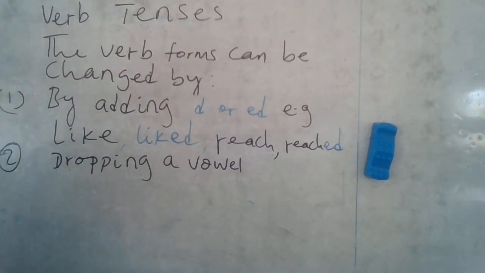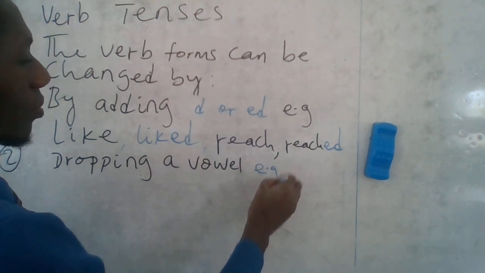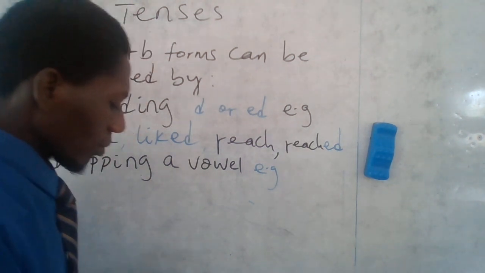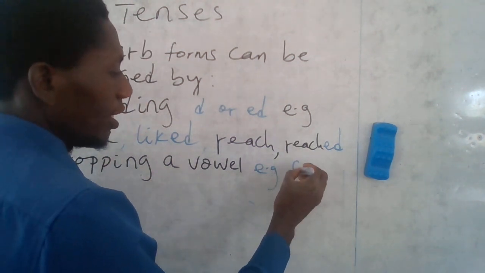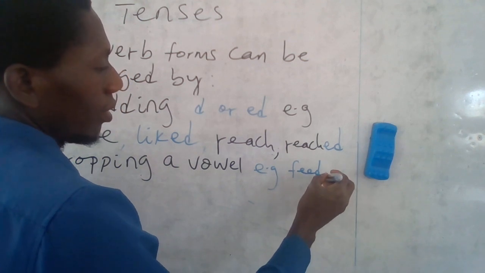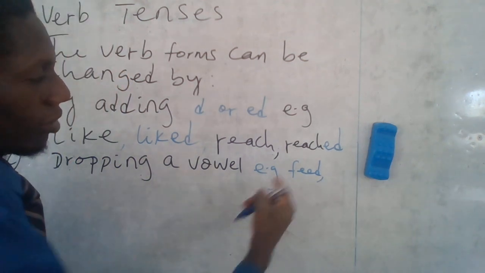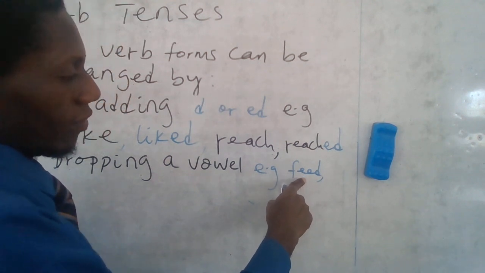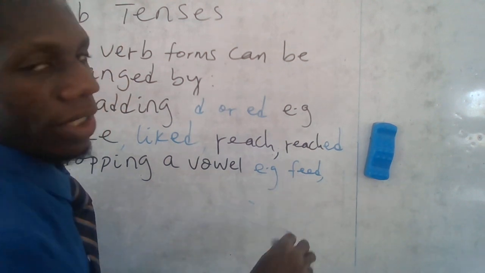For example, if I have a word like feed, now if I drop one of the vowels, remember that E is a vowel sound, so we have two E's here.